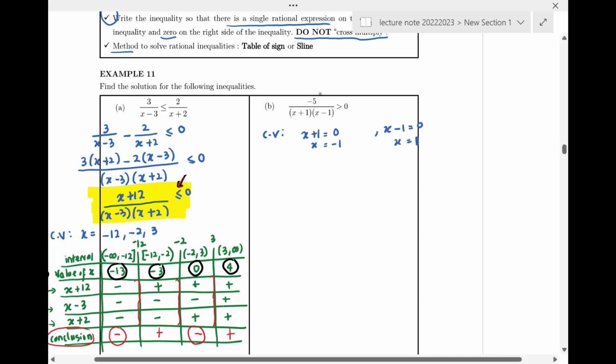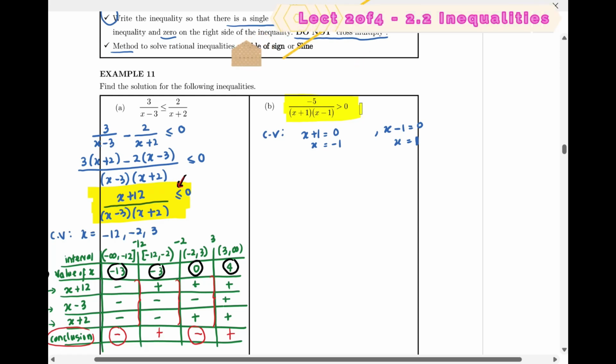Negative 5 in the numerator is not a critical value. As we do not have to rearrange anything, this will be our last statement before we do any method.